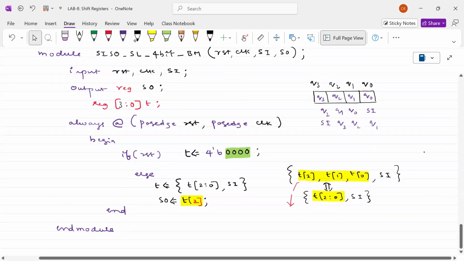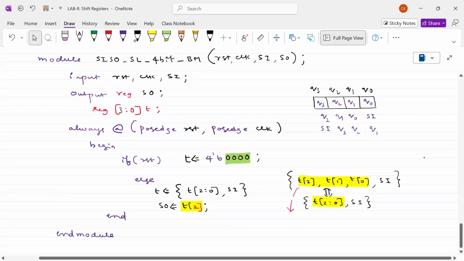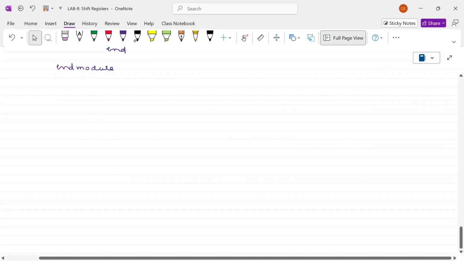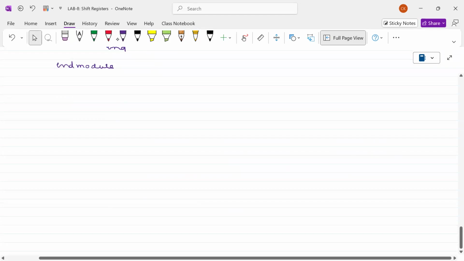Right. Now let us go and write the test bench for it. What is the test bench for it?